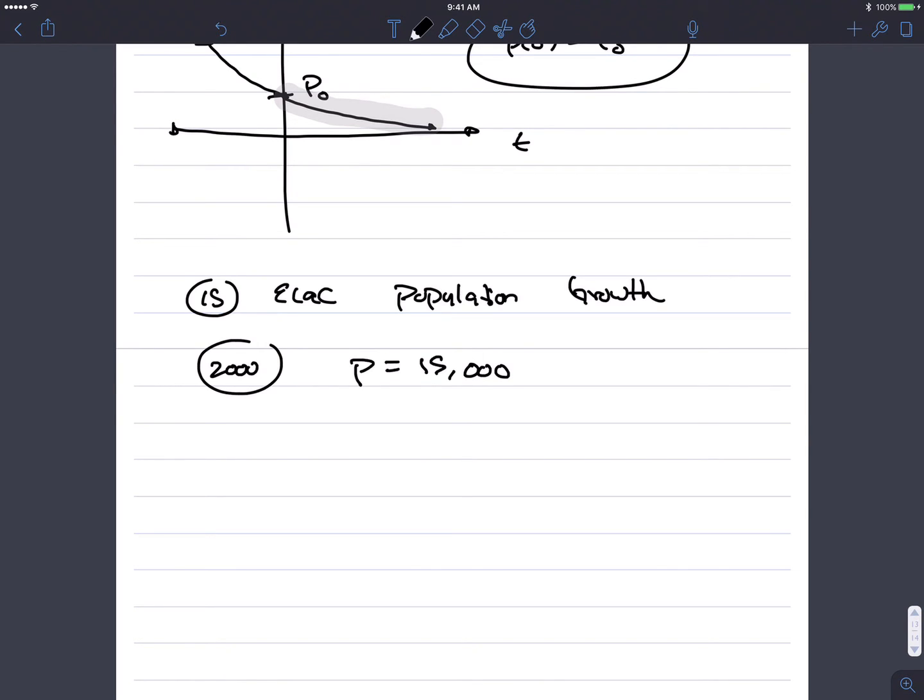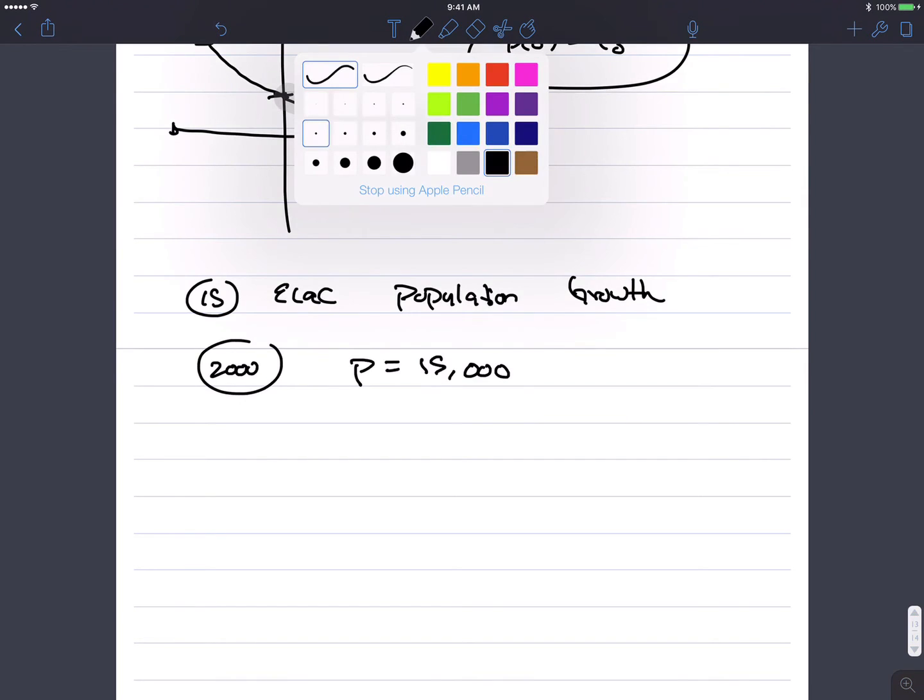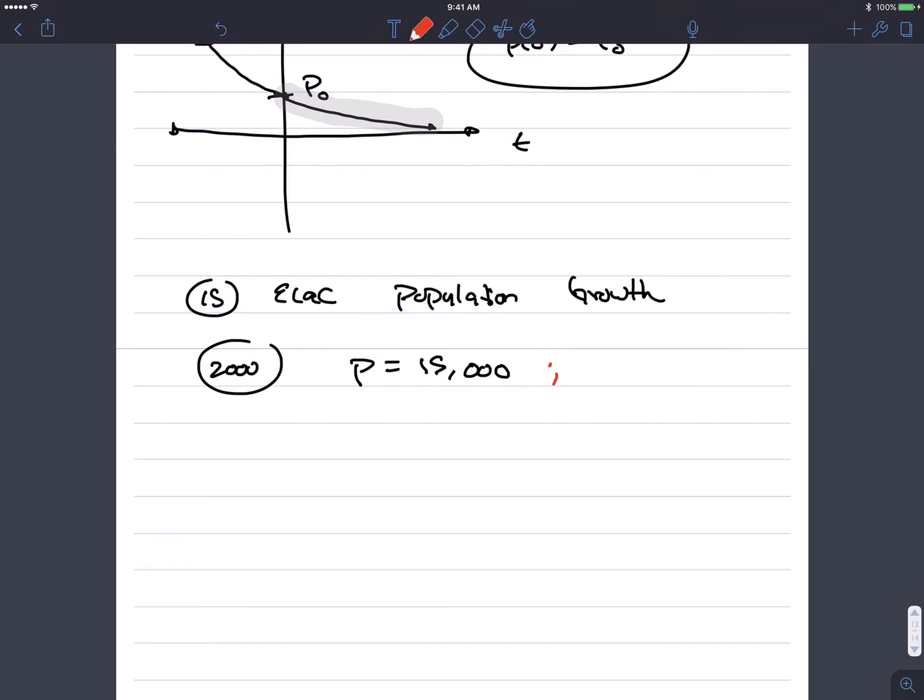And then they say it has grown with an average rate of 4% per year. So growth 4% per year. So you guys know this is my R. R is 4%. It's growth.